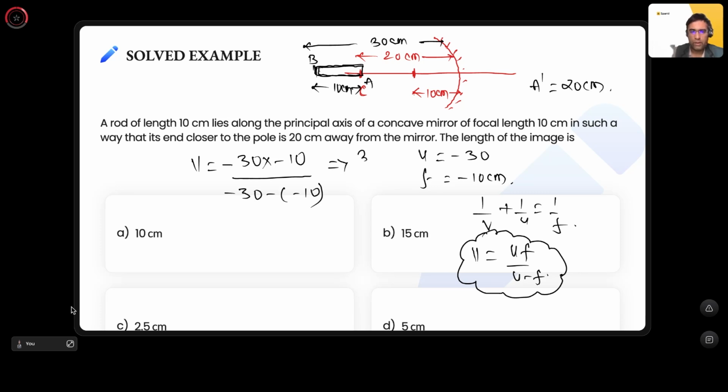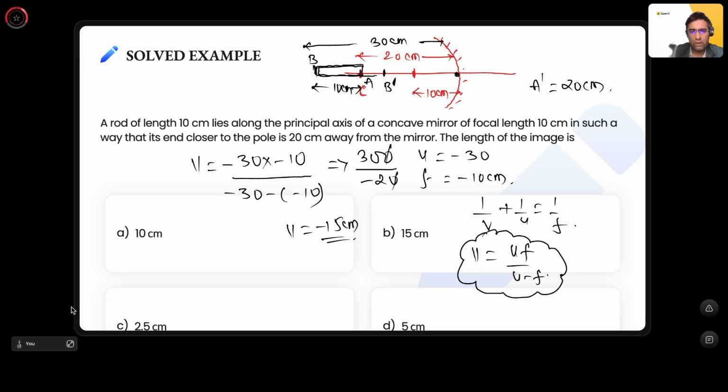So it will be 300 upon minus of 20. So V will be equal to minus of 15 centimeter. So see, what happens is this B dash will be 15 centimeter from the pole. All right. So it will be formed somewhere over here. So this is B dash.